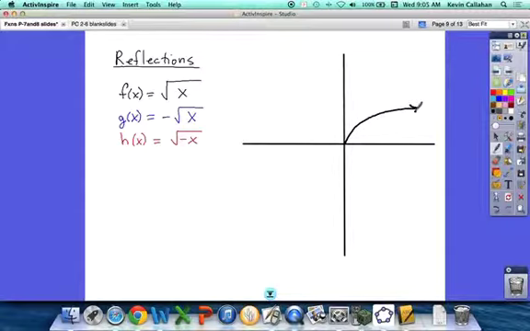The proper name is a reflection, but you might have called it a flip. Which way does it flip? Down, like that, where a minus in front means flip it across the x-axis. So it'll look like this.